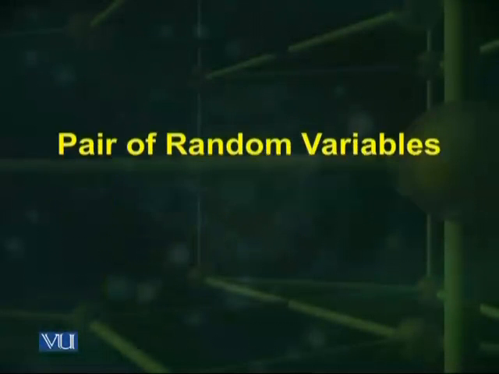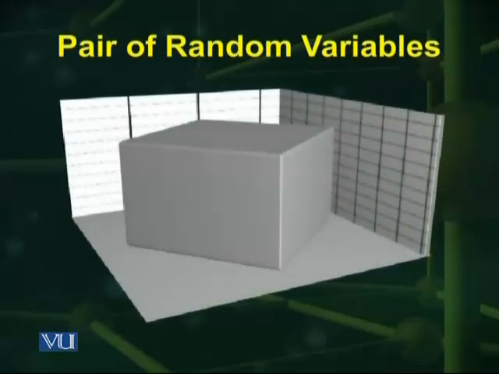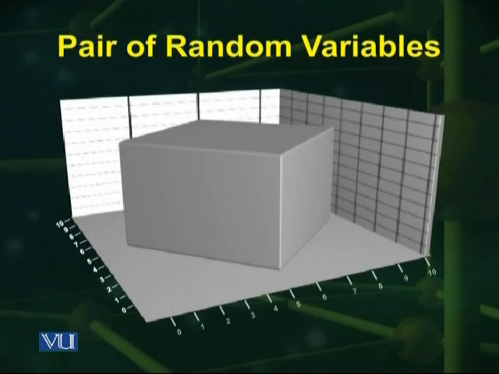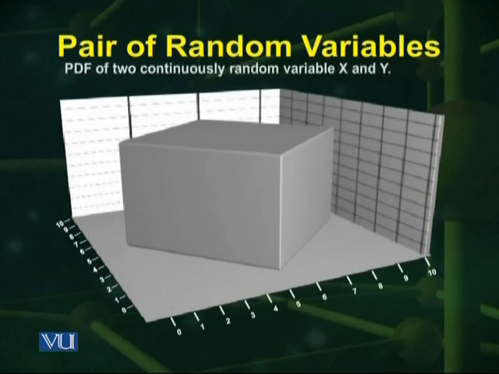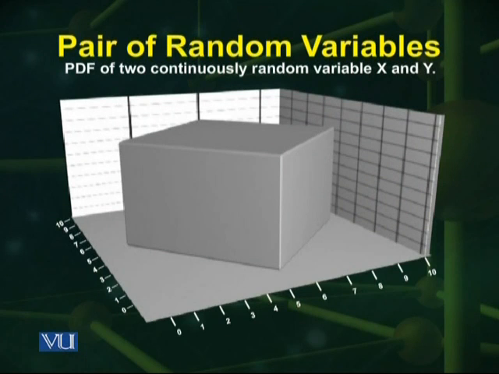Let's look at the other flat joint distribution that we worked with in the last lecture. In that case, the joint PDF was defined over a square-shaped region, but the sides of the square were not parallel to the coordinate axes. Actually, the square was rotated by 45 degrees and it looked like a diamond.